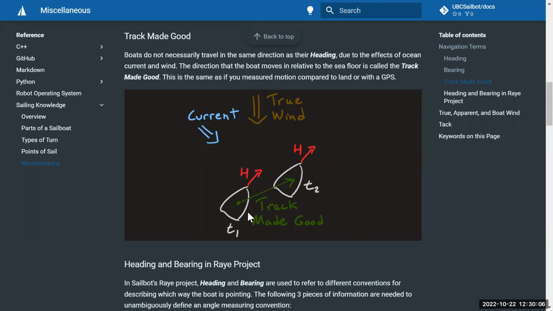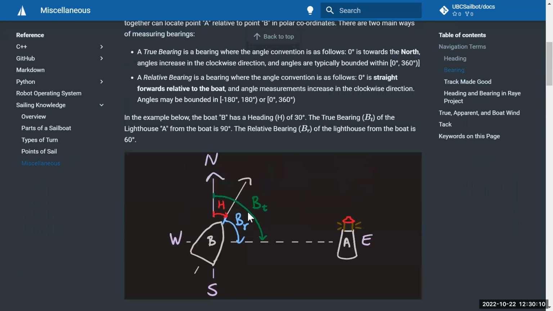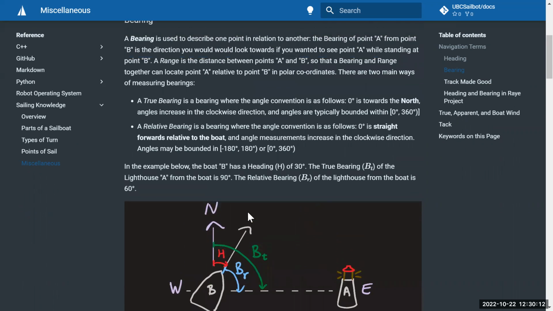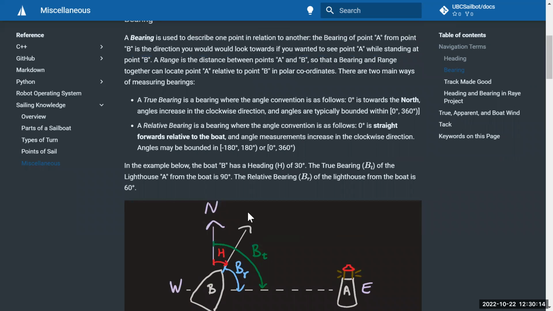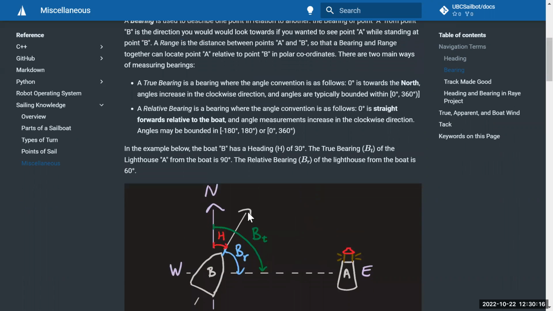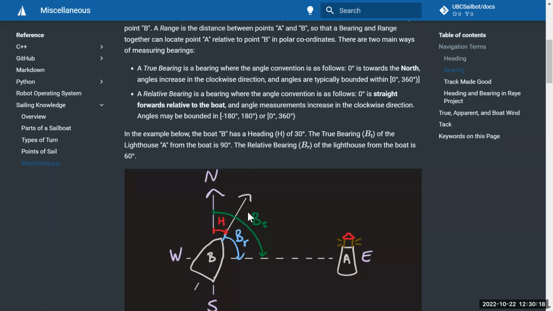It's probably mentioned here in the text, but I do have a question about the bearing. Say the boat was pointing southeast. Would the bearing be what's closest to the lighthouse, or would it go clockwise all the way around? That could depend on your angle measuring convention, but probably it would be the large angle.